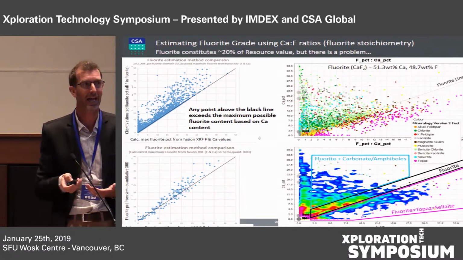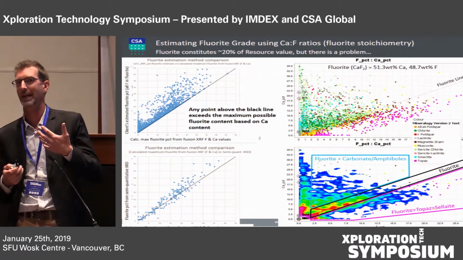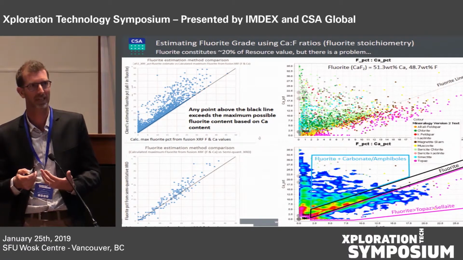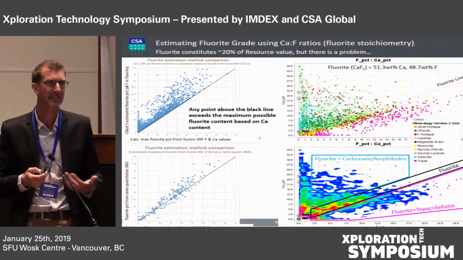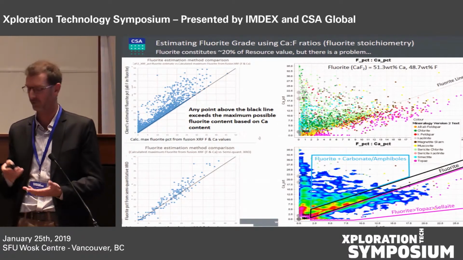The other issue that they had was being able to estimate, from a resource perspective, the amount of fluorite. They'd assayed fluorine, and they had assumed that all the fluorine was reporting to fluorite.